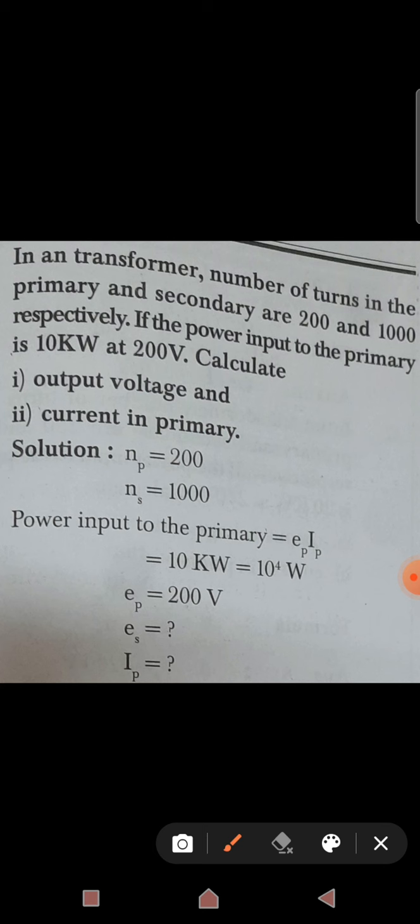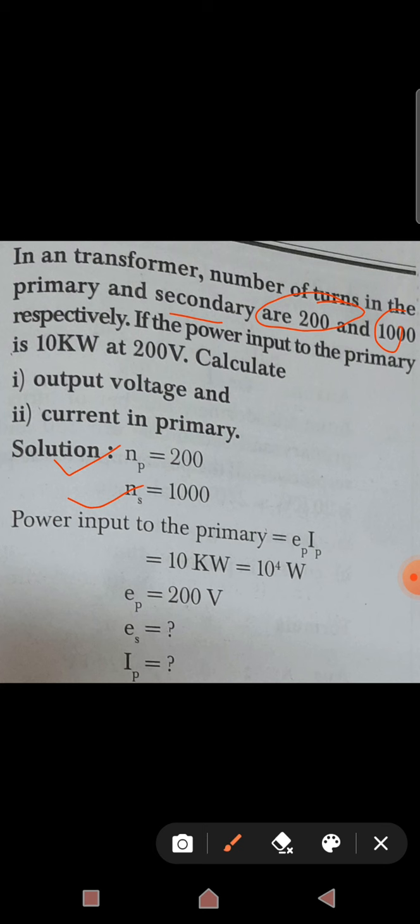So if we go through the question, then we get the idea that the number of turns of the primary, how many turns? 200, and for the secondary 1000. So number of turns of primary is 200 and the number of turns of the secondary is 1000.